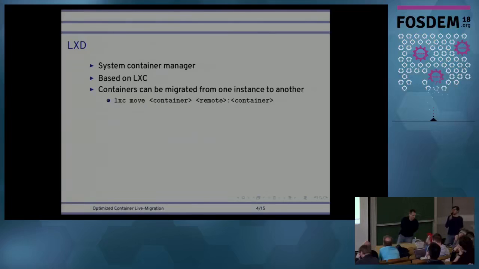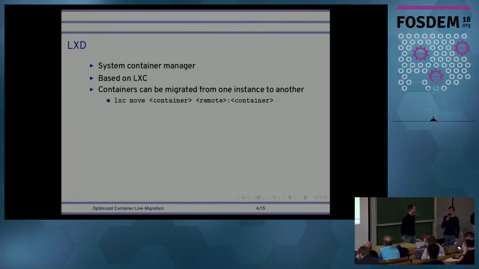It has an API that's based on CRIU essentially. And what LXD allows you to do by default is move or live migrate containers between different LXD instances. We have this command called lxc move, and if your container is running and you send it to a remote LXD running on a different host, you can perform live migration.